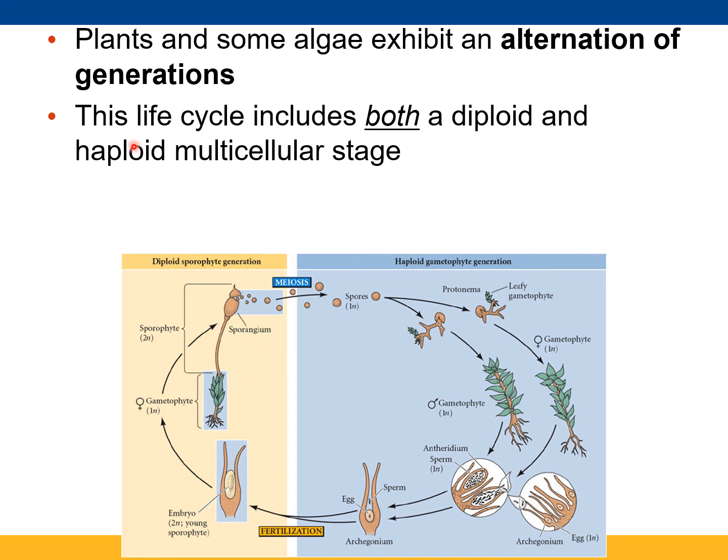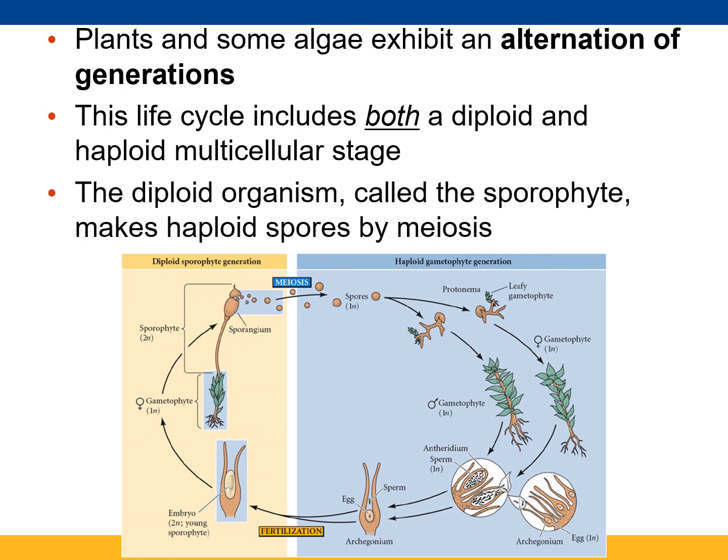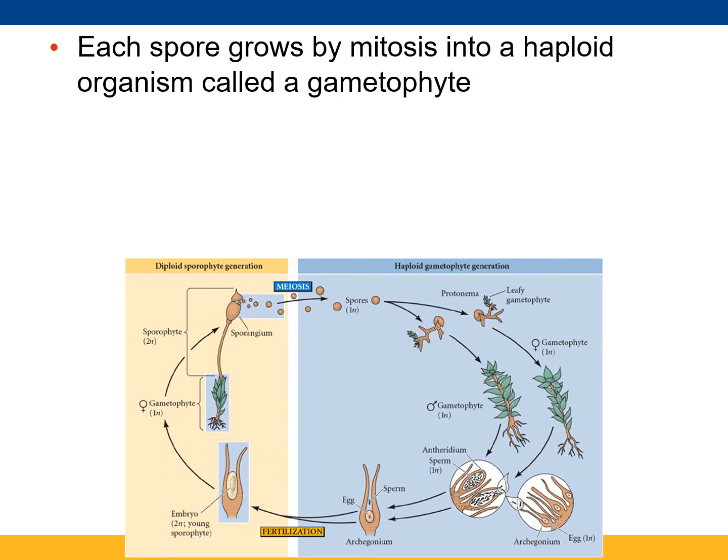So a diploid and haploid multicellular part of their life cycle. Diploid is the sporophyte, makes spores. Those spores can make gametes that then fuse to create a new diploid organism. So when the spore grows, it's growing by mitosis.